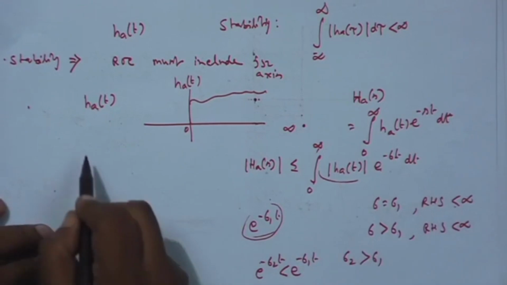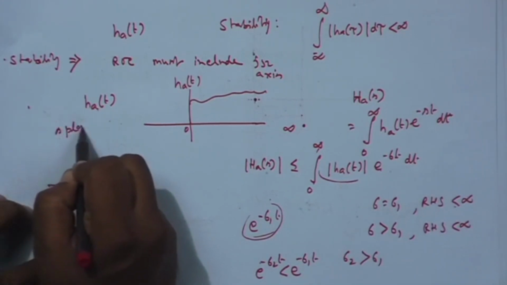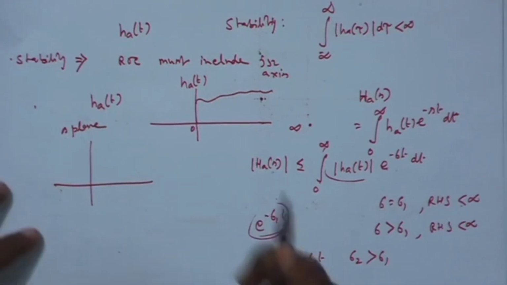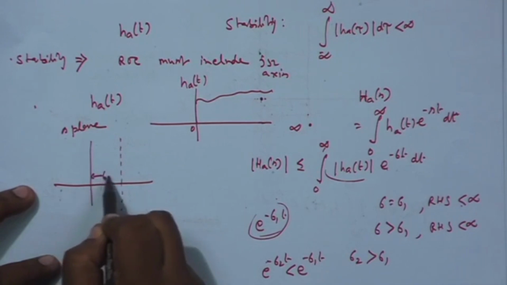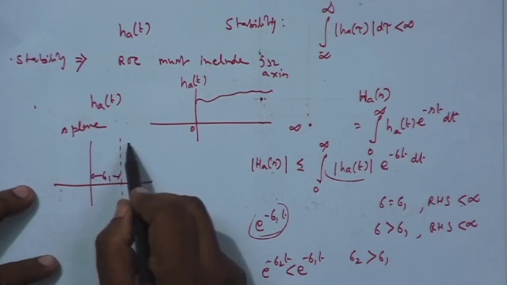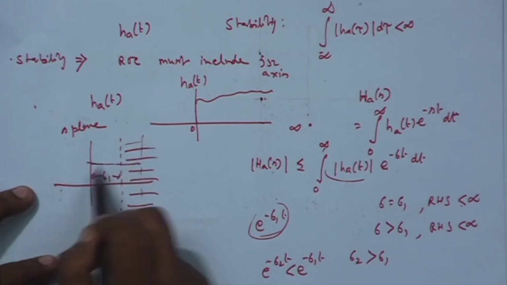That means, in the ROC, in the s plane, if you have got some sigma 1, then all the region to the right, for which if you draw a vertical line, the sigma value will be greater than sigma 1.